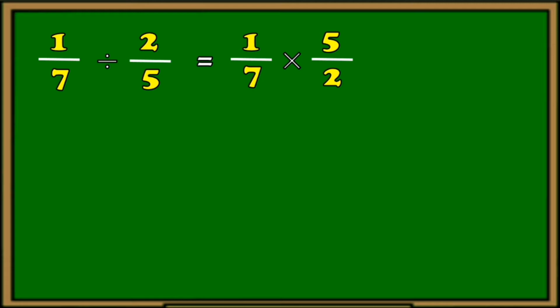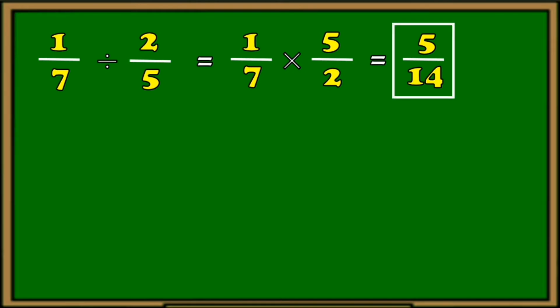Since everything is in their simplest form, we can now proceed to multiplication. Numerator times numerator, that is 1 times 5 is 5. And denominator times the denominator, 7 times 2 is 14. Our final answer, 5 over 14.